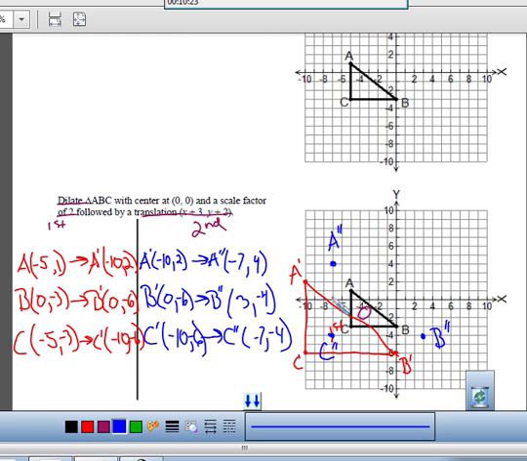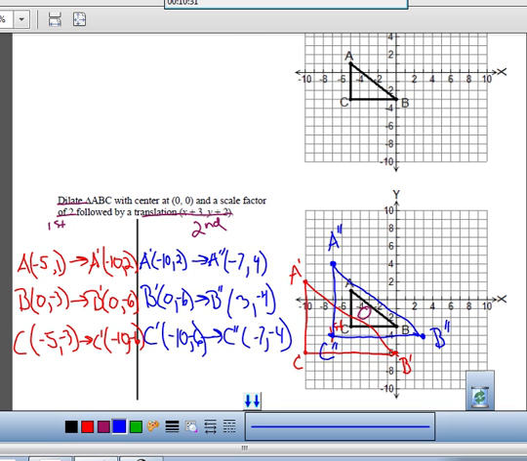C double prime. Connect your points. Again, not a bad idea to have some different colors here, because as you can see, everything's getting a little messy. Alright, so this time we had 2 images that are the larger size.